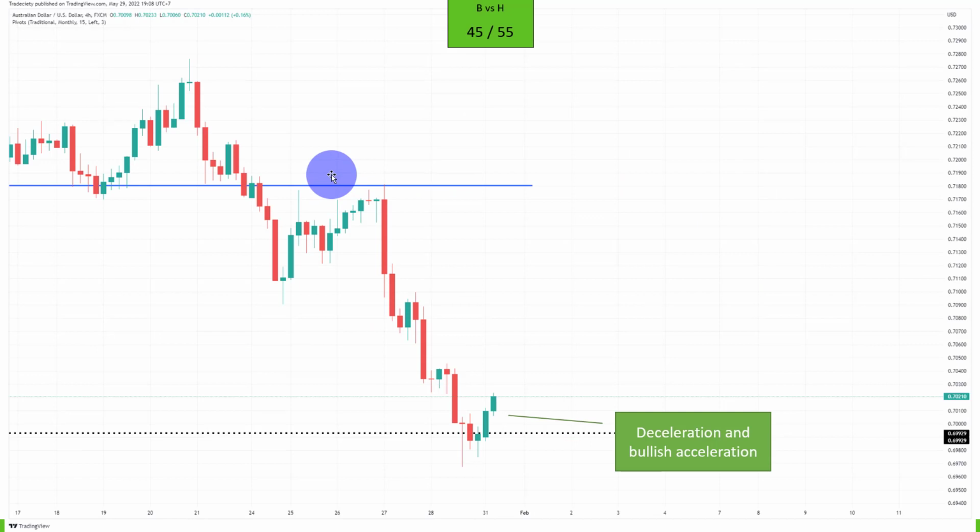Now things change quite a bit. And I would say at this point, the likelihood of this level holding is actually higher than the level breaking. You can see we have a trend that has been going on, 1, 2, 3, 4, 5 waves. So this is a complete Elliott wave cycle. We also see deceleration happening. We have a rejection pin bar here that I talked about just a moment ago.